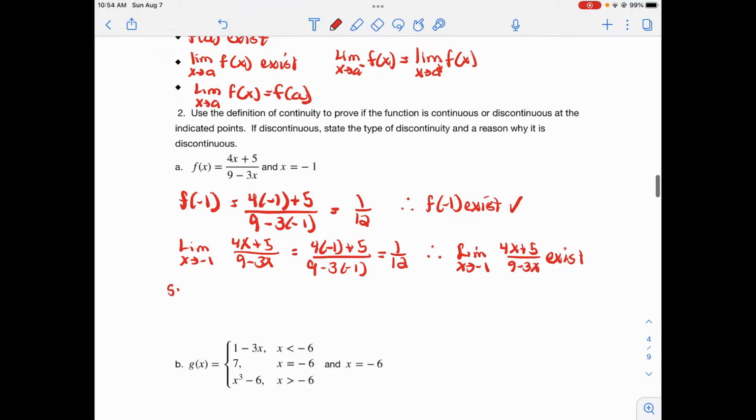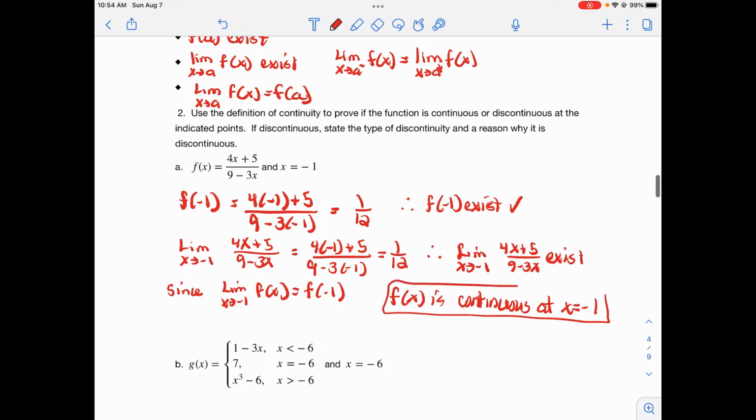So, since the limit as x approaches -1 of f of x equals f of -1, f of x is continuous at x equals -1. So you've proved continuity at that point.